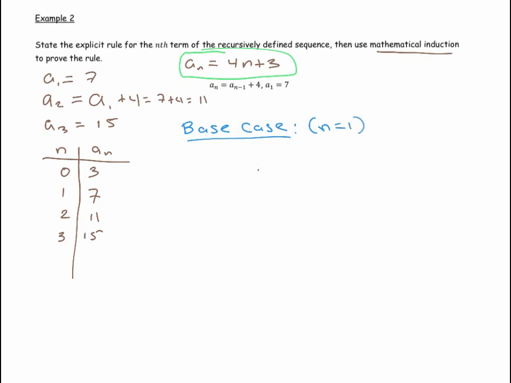So does this statement hold for n equals 1? Well, the first term is a 7, and is that equal to our explicit rule, which would have it be 4 times 1 plus 3? Yes. Okay, so that's true. So it works for n equals 1.